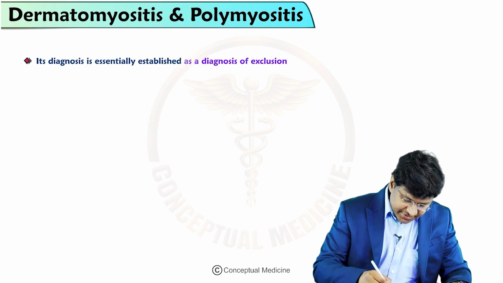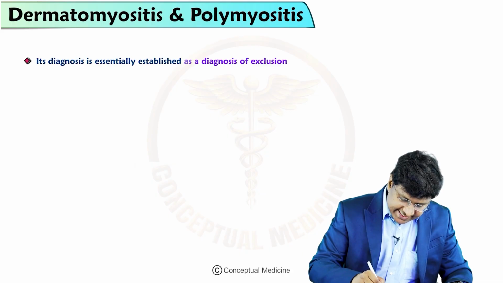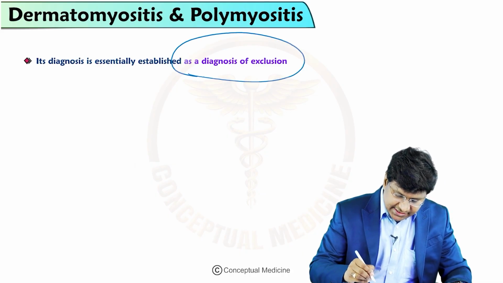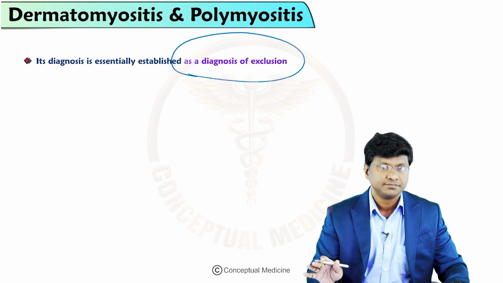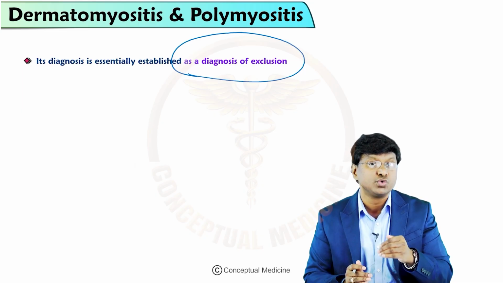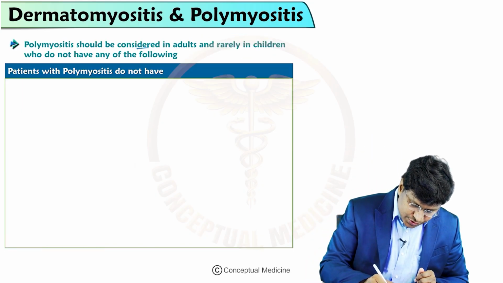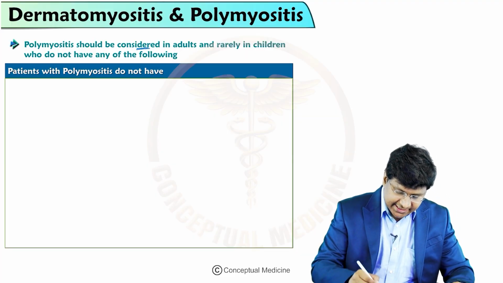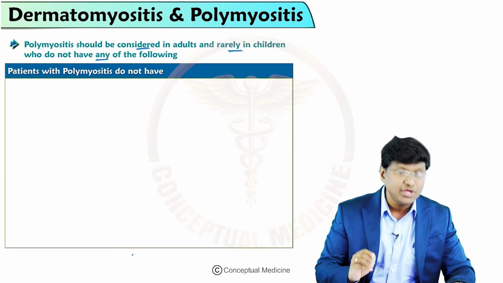Now, always remember its diagnosis. The polymyositis diagnosis is essentially established as a diagnosis of exclusion. It is always a diagnosis of exclusion. And polymyositis should be considered in adults and rarely in children who do not have any of the following.